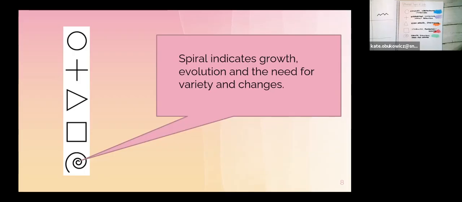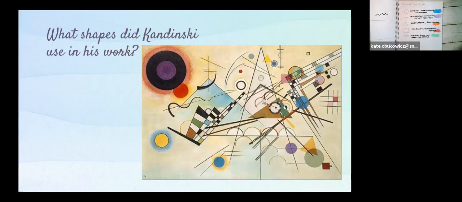So we have now these symbols kind of defined. And I think it would be interesting to look at Kandinsky again. So you have done an Edpuzzle with him. And here is one of his compositions. And you can see he uses a lot of these shapes.